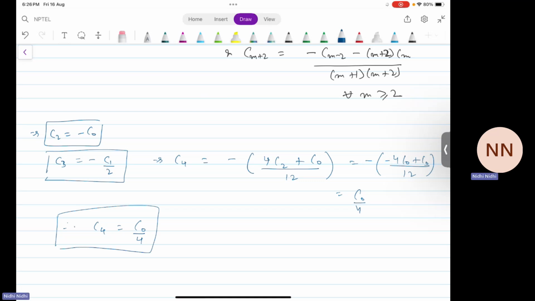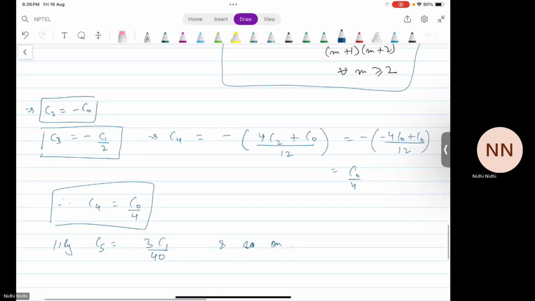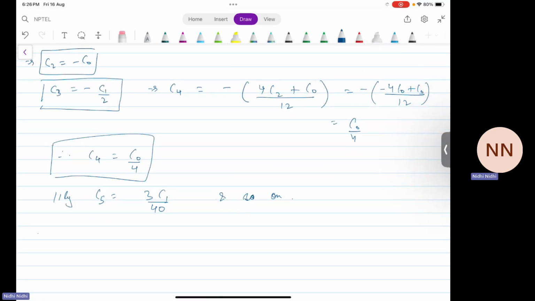Similarly, you can find c5 would be 3c1 by 40 and so on. Now we have a proper scheme. We can find all cm's based on this formula. Therefore, we have y(x) is equal to c0 plus c1x minus c0 x squared, because c2 is minus c0.